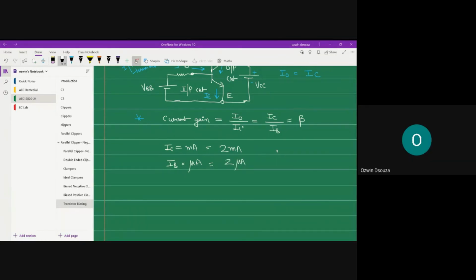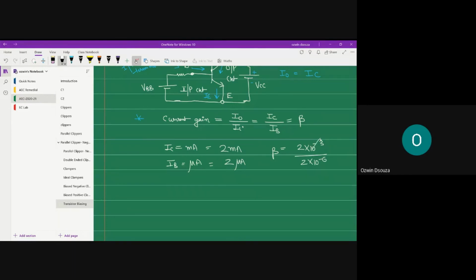When you take the ratio, you get beta equal to 2 into 10 to the power minus 3 divided by 2 into 10 to the power minus 6.